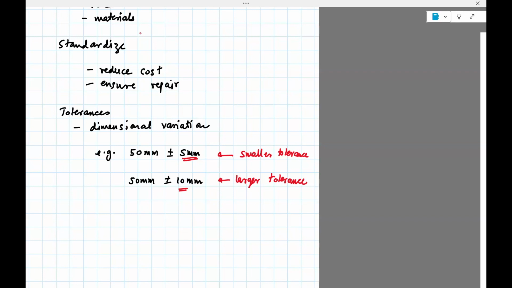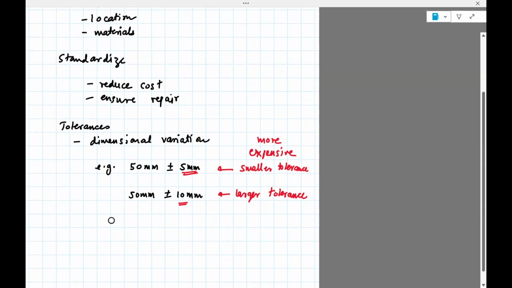And so it turns out that a smaller tolerance is more expensive. This is more expensive than this one, because it will have to go through more processes to get this kind of tolerance. So one way of understanding this cost based on the tolerance is this plot.